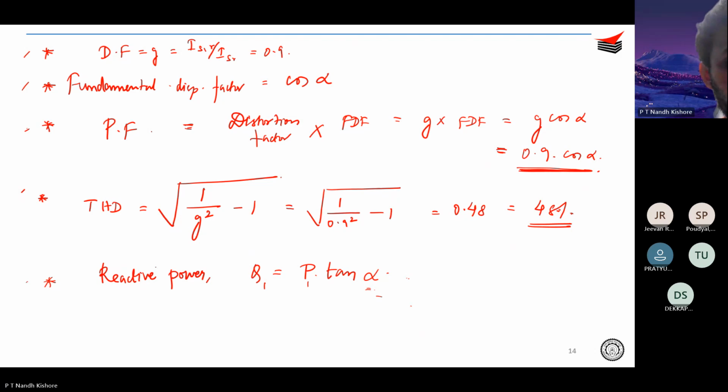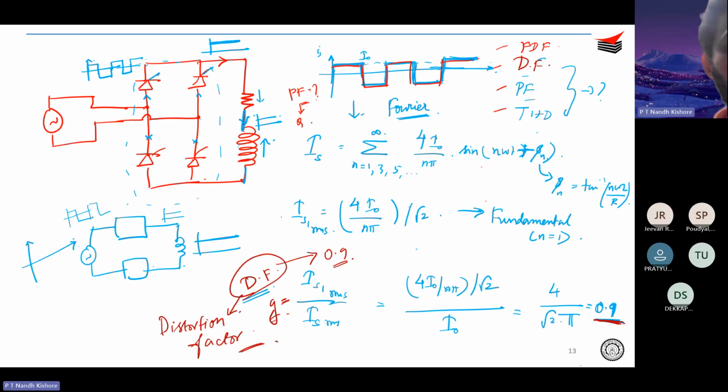So next will be in this circuit. I will go back to the circuit. In this circuit, for how long are these thyristors conducting? Based on how long these thyristors are conducting, you can calculate the RMS current through each thyristor and the average current through each thyristor.